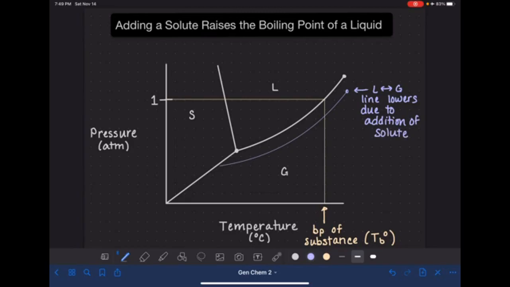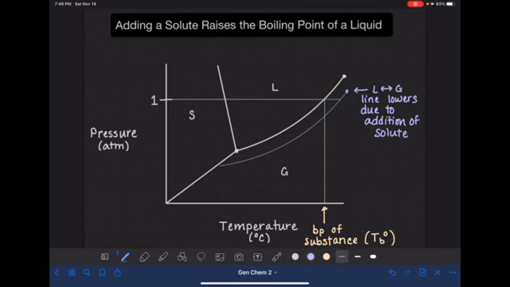Because we lower the liquid-gas line, we also change the boiling point of a substance. So once we've added this solute and we've dropped the liquid-gas line, if we wanted to know the boiling point of this same substance, we would go back to 1 atmosphere again. We would do the same thing, trace our 1 atmosphere line across the phase diagram until we come to the liquid-gas line, which is now over here.